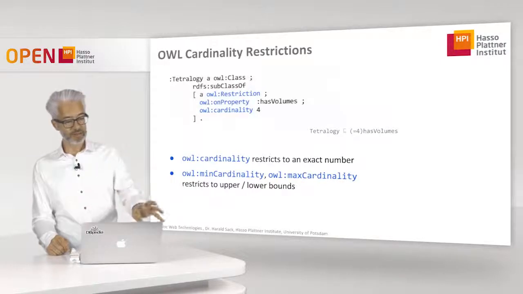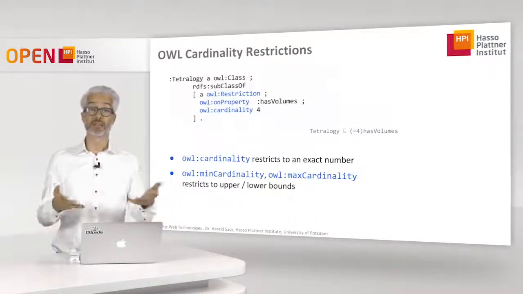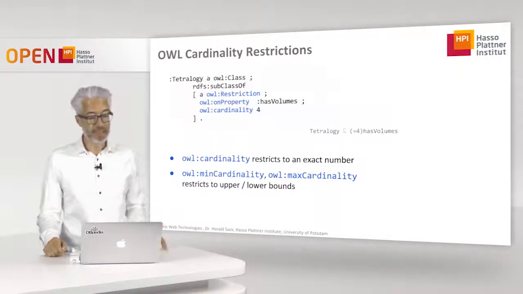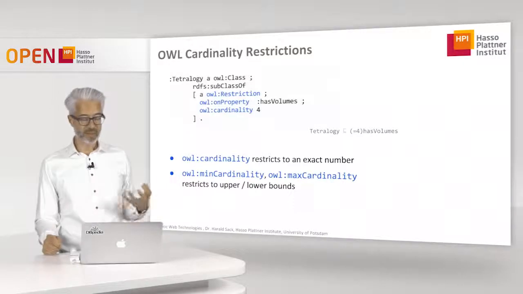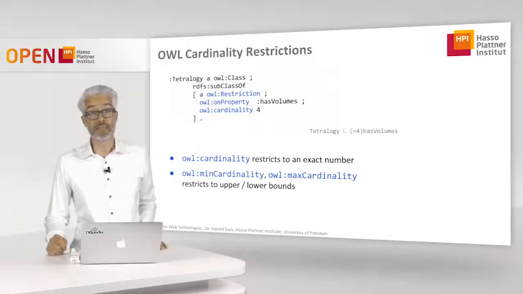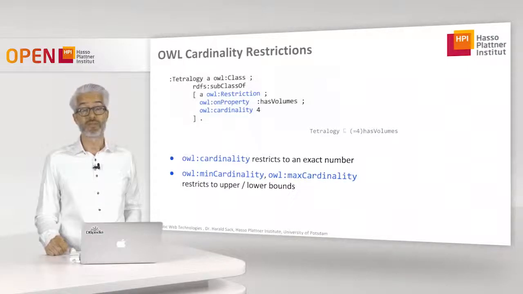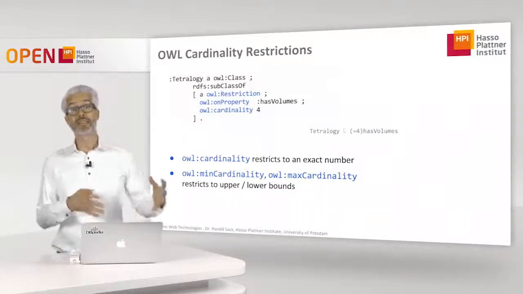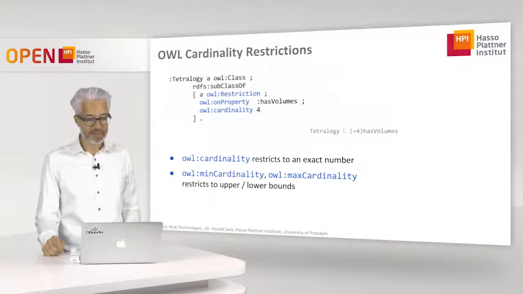So I define tetralogy as a class, and this is a subclass of a complex expression, again surrounded by square braces. And I define that here again as a restriction. So in the square braces we have an OWL restriction on the property has volumes. And I say here exactly the cardinality of the class members, of the things that are in the class considered, they must have exactly 4 volumes.